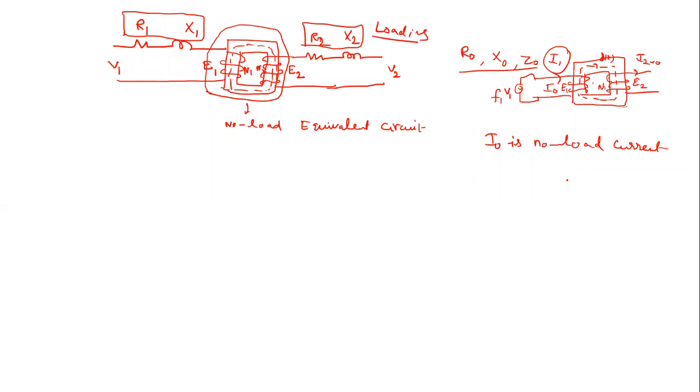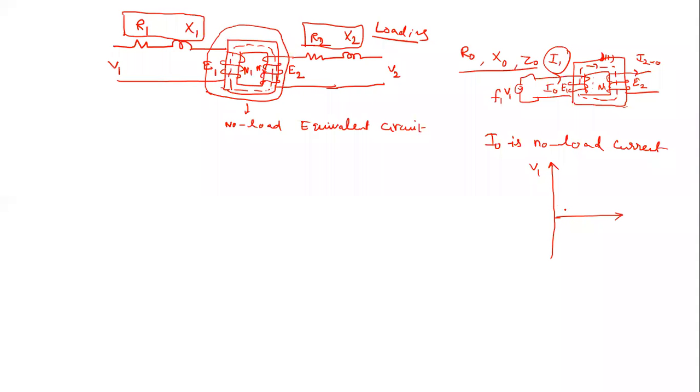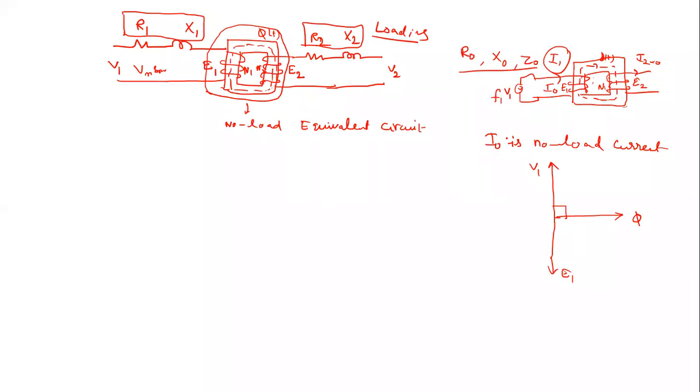If I sketch a phasor diagram, please remember there is V1 applied, Vm sin omega t. Because of this, the flux lags by 90 degrees, and after this 90 degrees the EMF E1 is induced. Then there is a no load current which is going to flow.